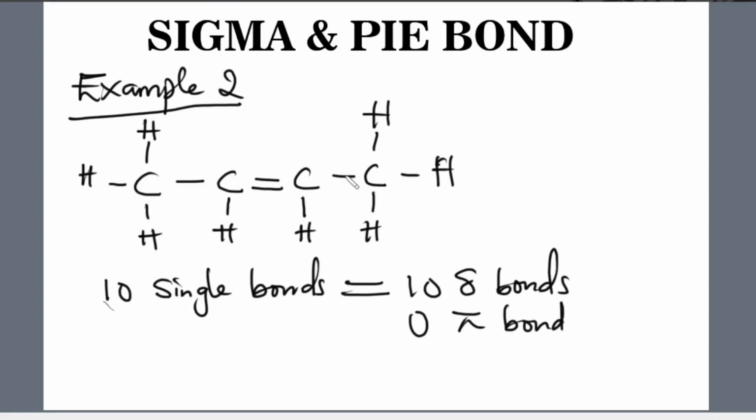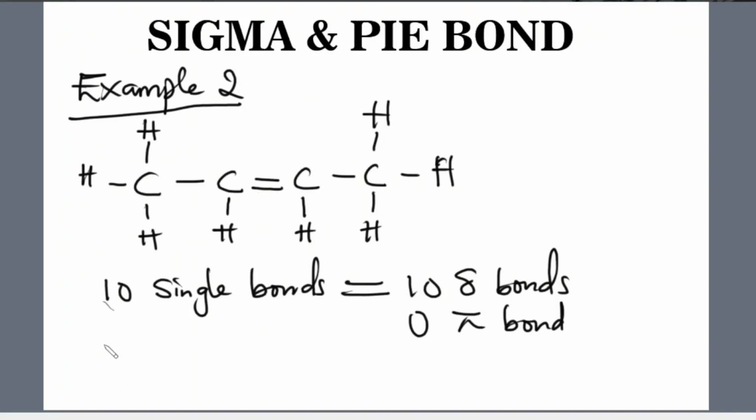Now, if you look at this compound, we only have one double bond here. And in one double bond, there is one sigma bond and one pi bond.